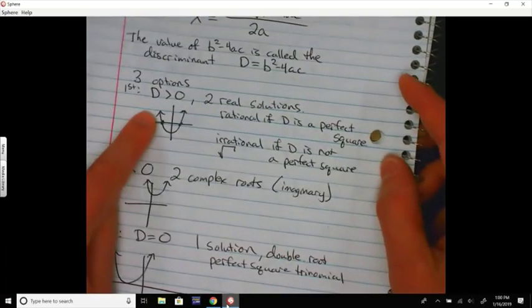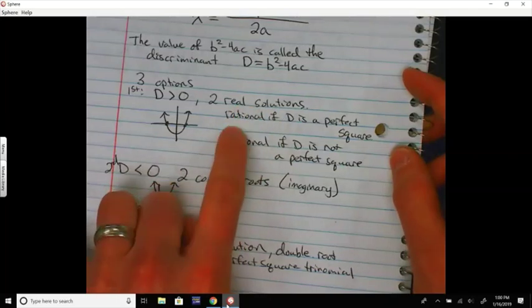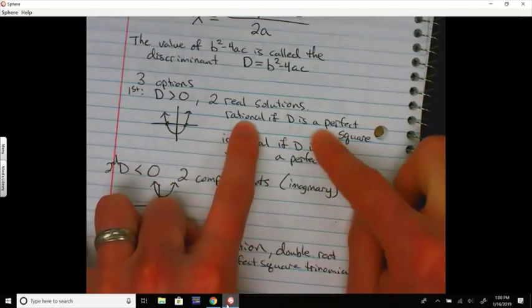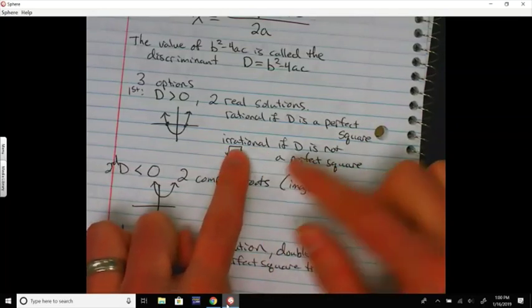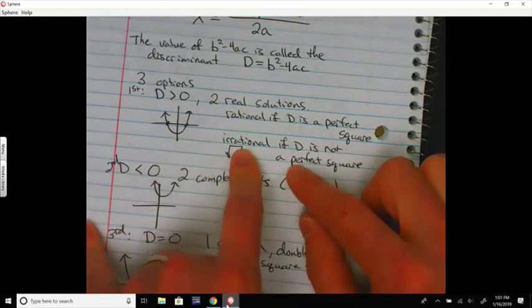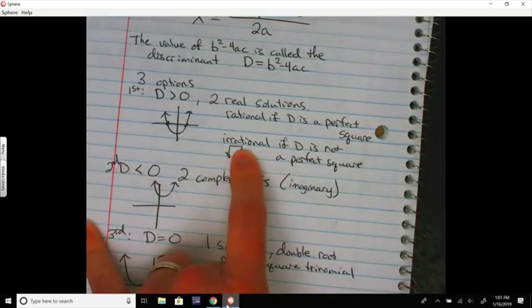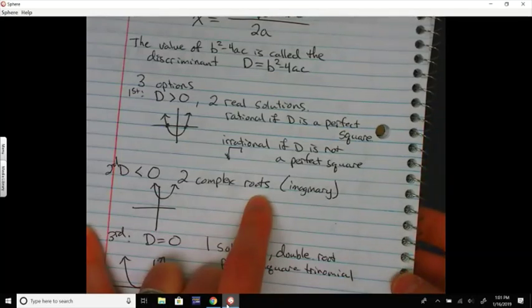If the discriminant is positive, you have 2 real solutions. They're rational if D is a perfect square. They're irrational if D is not a perfect square, such as 128. So we had 2 real irrational roots, or solutions, or x-intercepts.